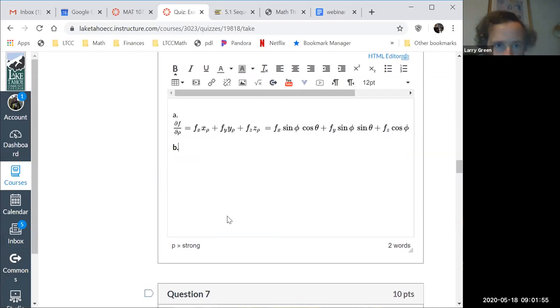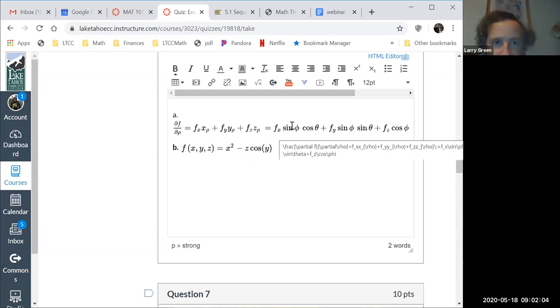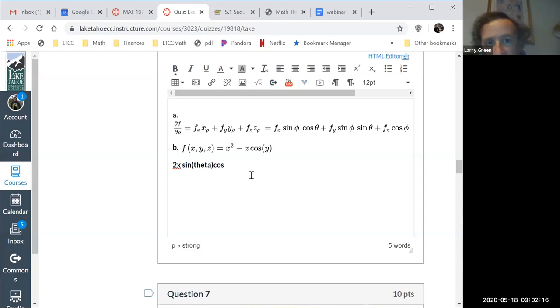So for B, f sub x now is just 2x times sine phi cosine of theta. And then f sub y. F sub y is going to be the derivative, so the derivative of the cosine of y is negative sine of y.